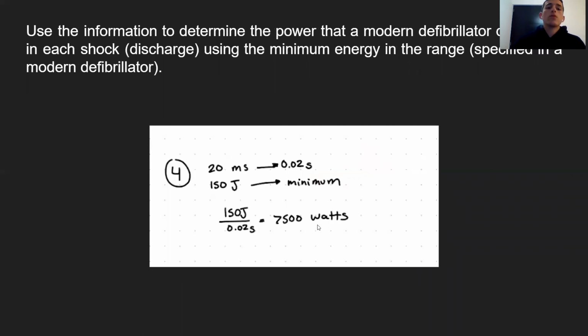As well, we use the information to determine the power. We had the seconds, and we had the joules in the minimum energy in the range, which is 150 joules. We know that the formula for watts is joules over second. So the power in the modern defibrillator would be 7,500 watts.